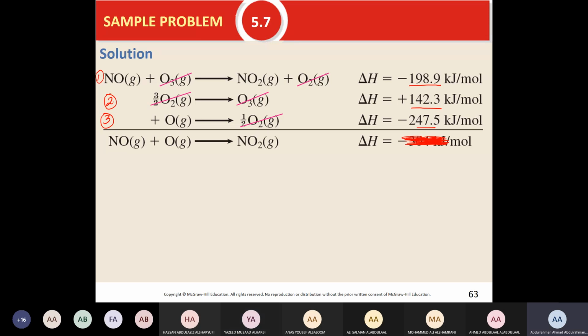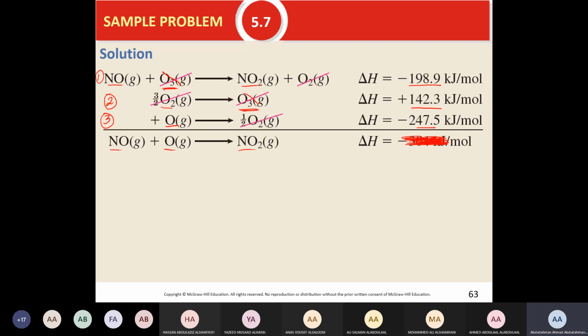Yes, we can. How? If you look at these three reactions, if you add them together, you will keep NO as is, O as is, NO2 as is. But O3, which is a reactant here, will go with O3 in the products, so this will be gone.